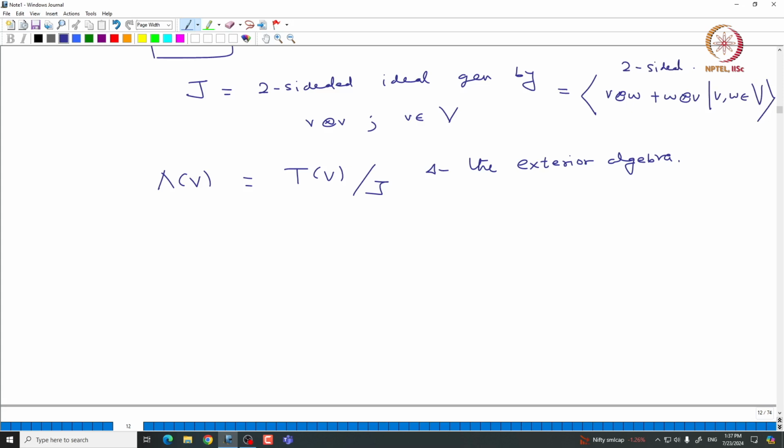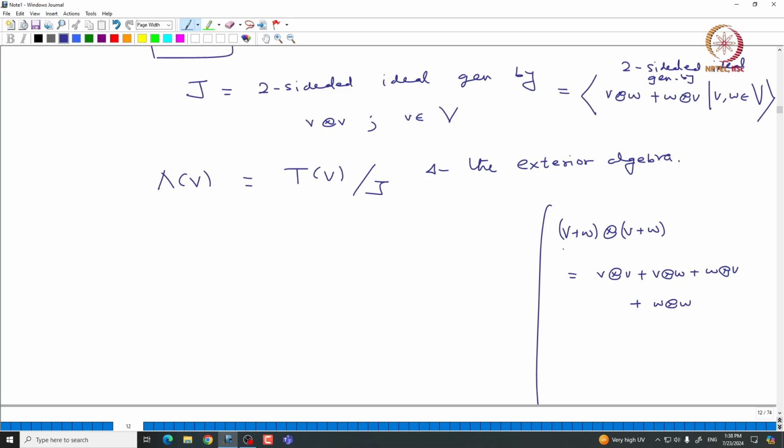This is the two-sided ideal generated by V tensor W plus W tensor V. The way you observe this is, for example, if you calculate V plus W tensor V plus W, it is exactly equal to V tensor V plus V tensor W plus W tensor V plus W tensor W. Now suppose V tensor V is 0, then all these squared terms become 0, so V tensor W plus W tensor V is also 0.